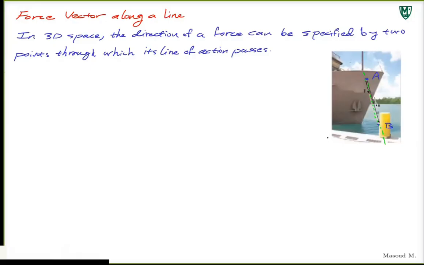And if you know the coordinates of A and B in some coordinate system, let's say your coordinate system is somewhere right here, X, Y, and Z, you can represent this force in three-dimensional space. How do we do that?